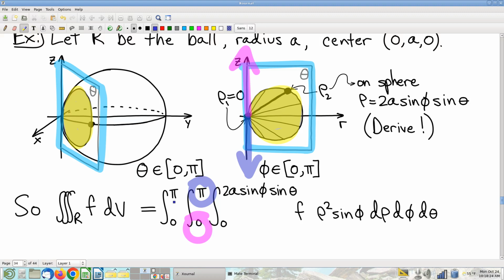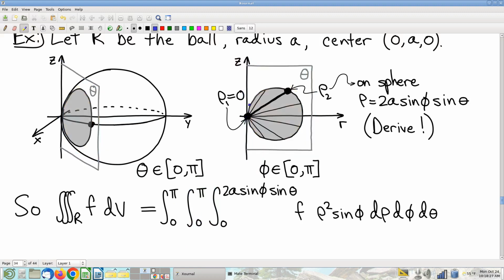Okay. And then lastly, we look at a phi slice of a theta slice. On that phi slice of that theta slice, our range of values of rho is like that. Rho starts there clearly at 0. Where it ends is the more interesting point. It ends on the boundary of that disk, on the circle, which is really over here on our original three-dimensional picture, which means it's on our sphere.